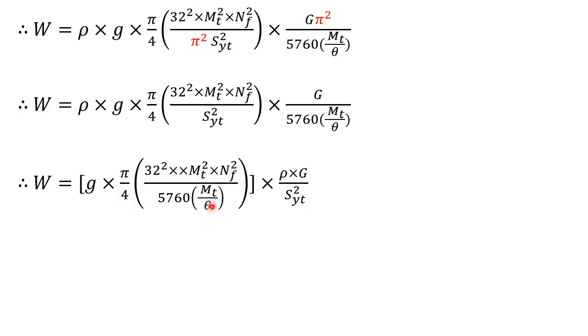Factor of safety is constant for a given numerical. MT by theta is again given in the statement of the problem and not dependent on the material. And these parameters are now separated, which are dependent on material: rho, modulus of rigidity, and SYT are dependent on material.